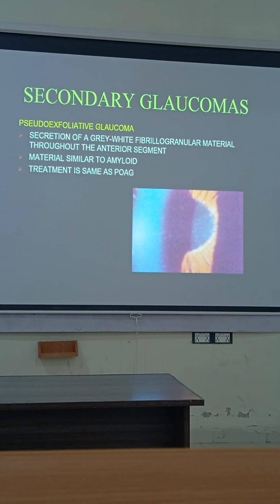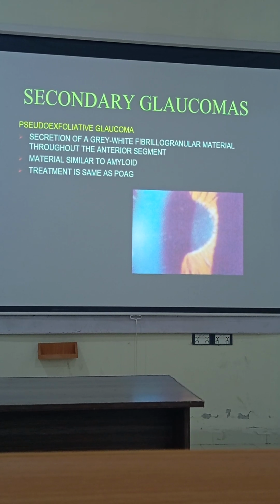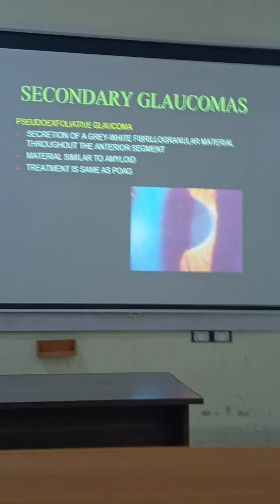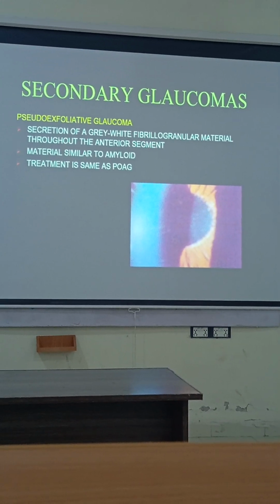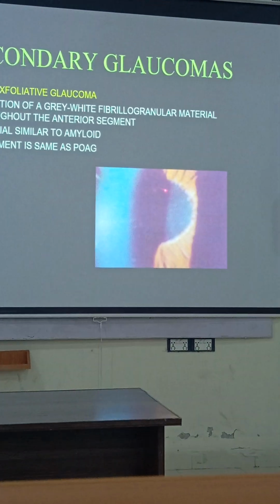Number one of the secondary glaucoma is pseudo-exfoliative glaucoma. You can see this is the pupil and a dandruff-like structure on the pupillary margin. It's called pseudo-exfoliation.